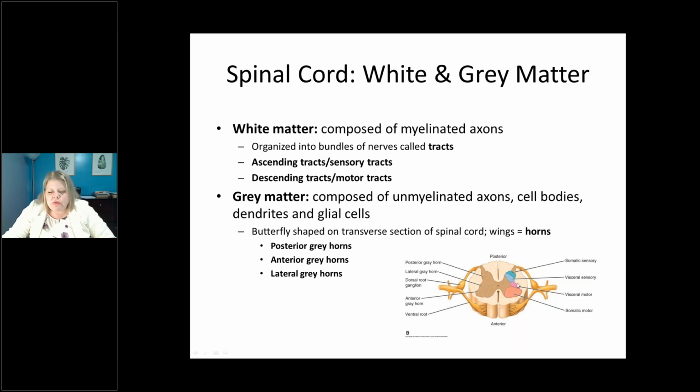Lateral gray horns we will talk about when we're talking about the autonomic nervous system, and we aren't discussing that today, but just so you're aware, that's what that's part of.